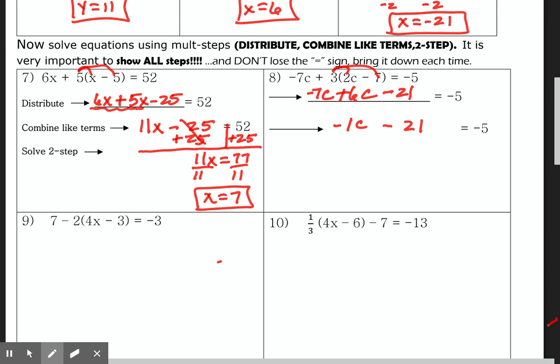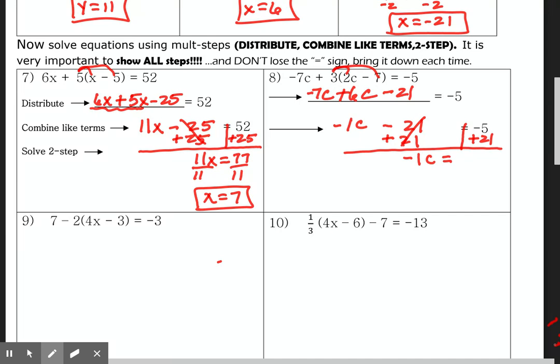So now I've got a variable term, a constant, and a constant over here. I'm going to draw a line down through the equal sign that separates the equation into a left side and a right side. I'm going to use the inverse of a negative 21, which is a positive 21. Those cancel, so I bring down my negative 1c equals, and basically this is 21 minus 5.